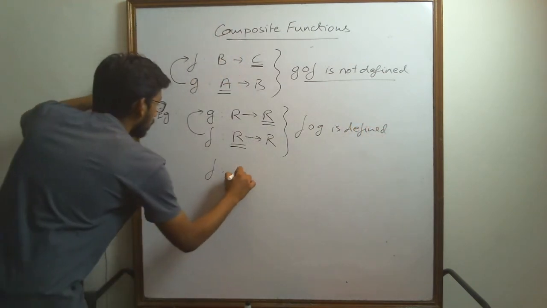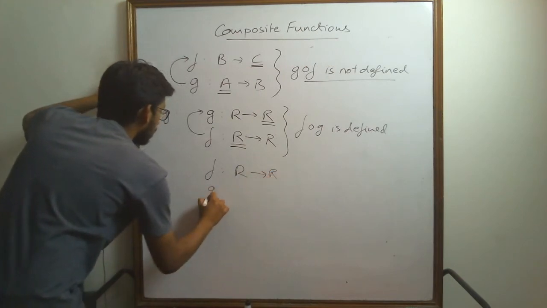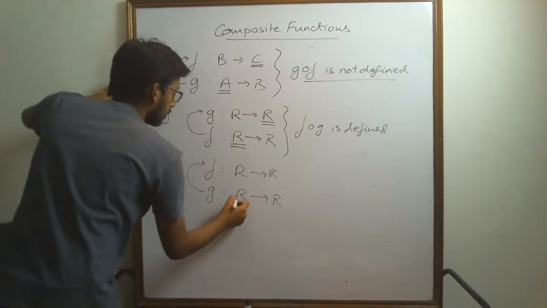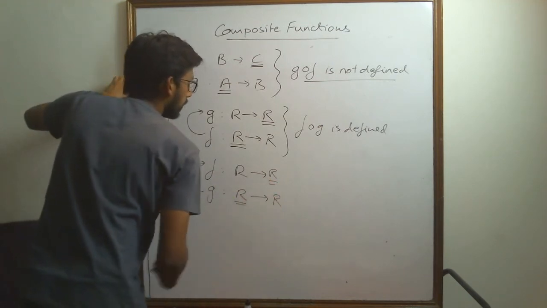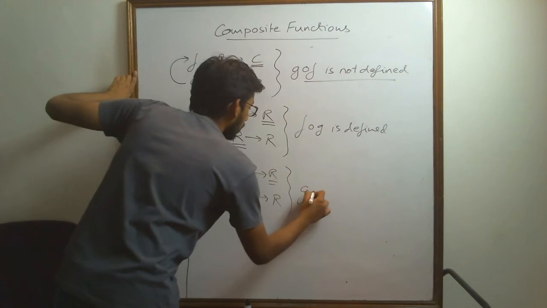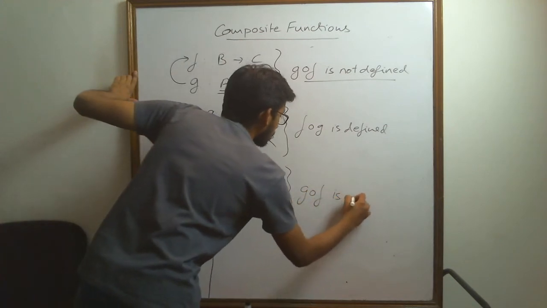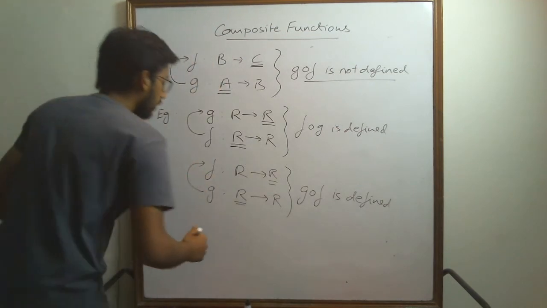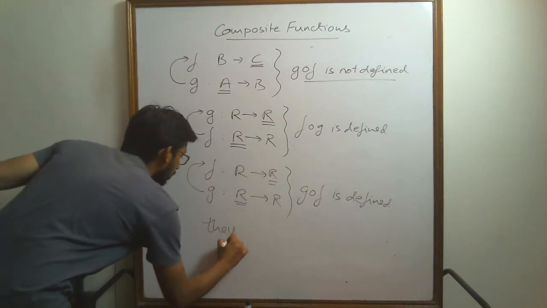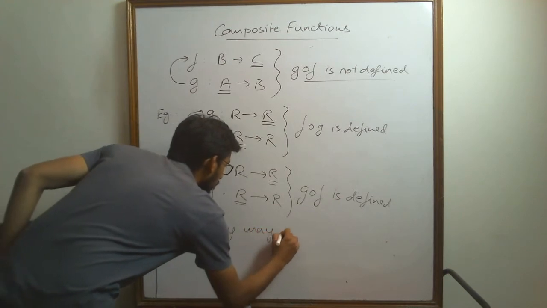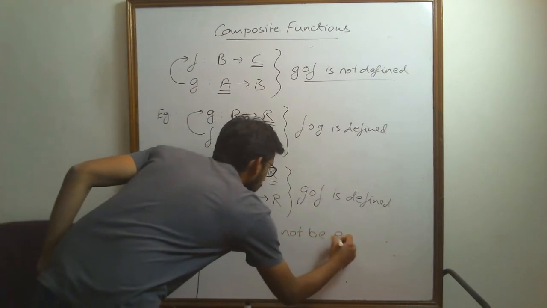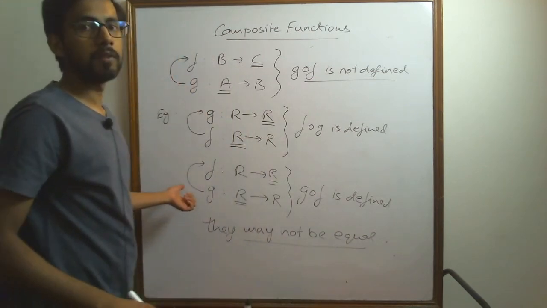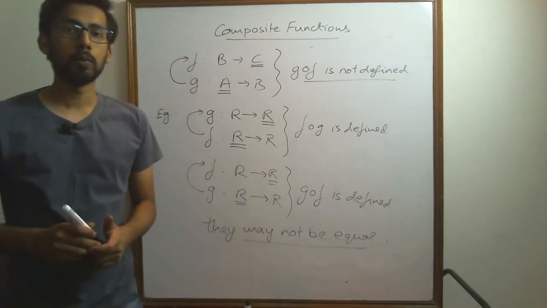And if I try to define G of F, then again the domain of G is equal to the codomain of F. Therefore, G of F is also defined in this case. But even when both of them are defined, they may not be equal. Even when both of them are defined, it doesn't mean that they both will be equal.